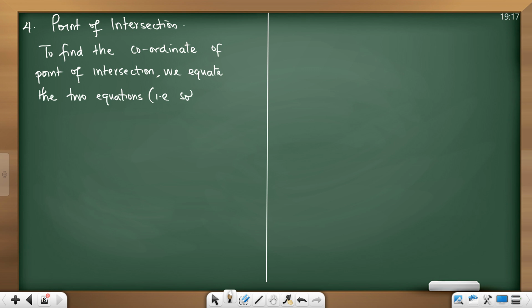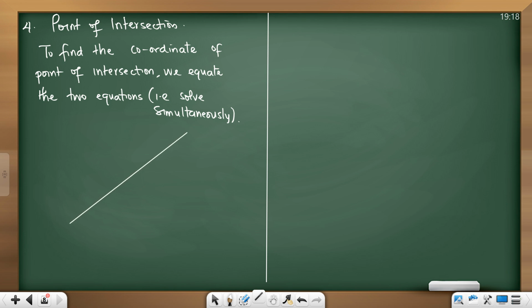That is, solve simultaneously. So we equate to solve simultaneously.